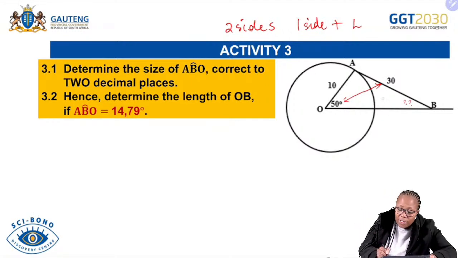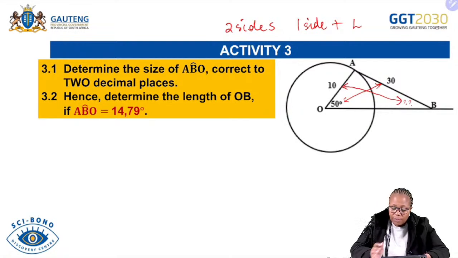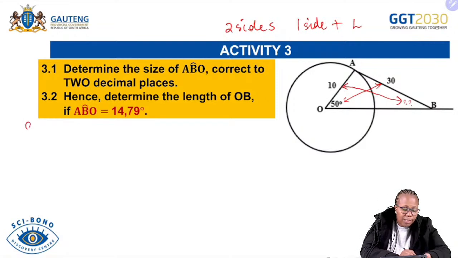And then look at B. B is opposite the side of 10 that is given to us. That means in this case, we can apply the sine rule. And then what are we looking for? Angle ABO. So we can look at the sine of angle ABO over side AO.